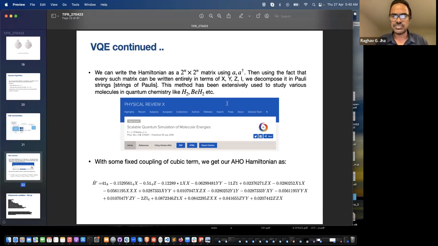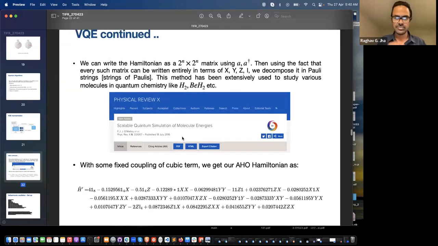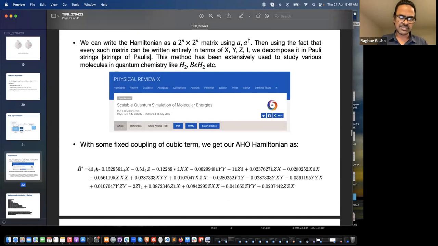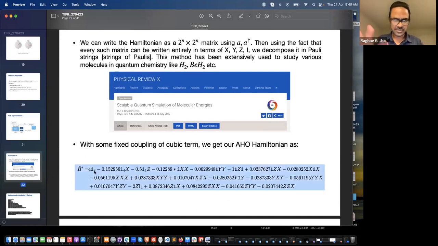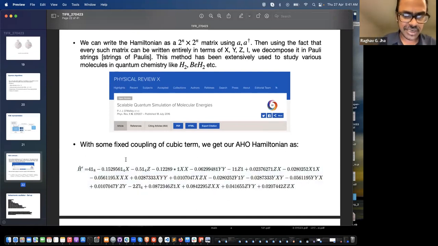This method has been extensively used in quantum chemistry. This is one of the famous papers everyone talks about, scalable quantum simulation of molecular energies. But for our demonstration purposes, we just consider the anharmonic oscillator with some coupling. This is an 8 by 8 Hamiltonian with a cubic coupling, minus g x cubed, with some value of g.